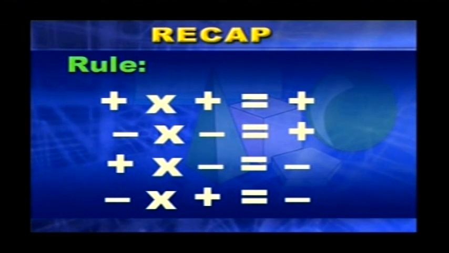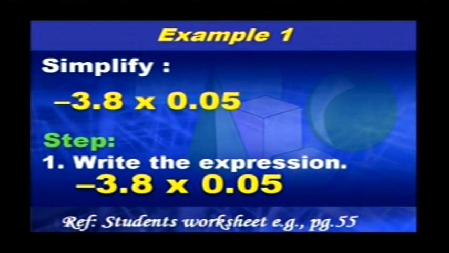Well, class, let's look at one example on how we can multiply decimals. On the screen, I have the first example for you. It says simplify negative 3.8 times 0.05. Step 1 says write the expression as usual.